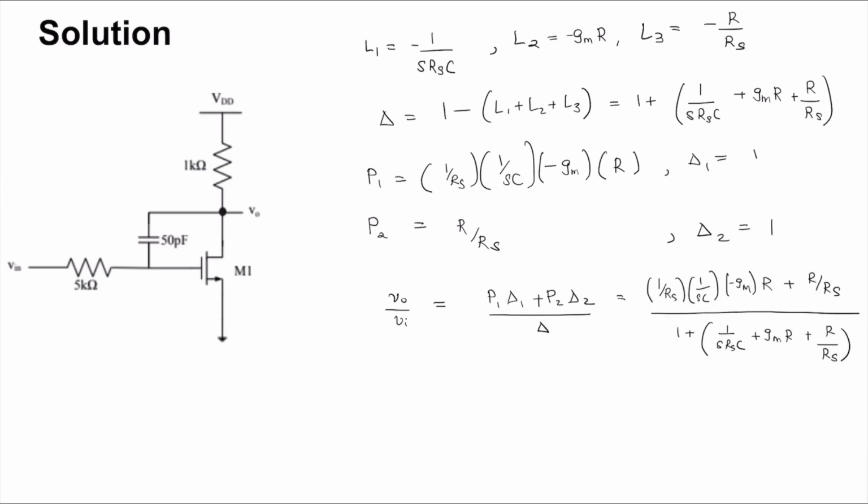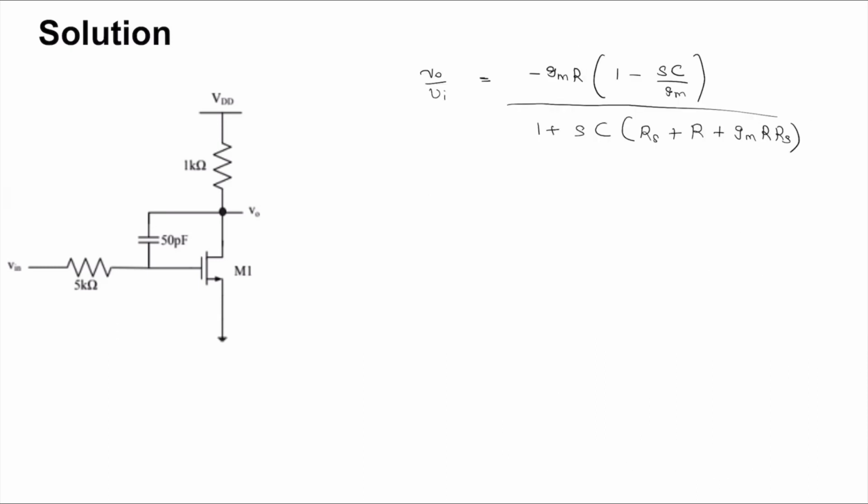If you simplify this, you will get this: so you have a zero in the numerator and a pole in the denominator. Since the question is asking us for the input pole frequency, we will take the denominator term. So the pole frequency will be this, in radians per second.